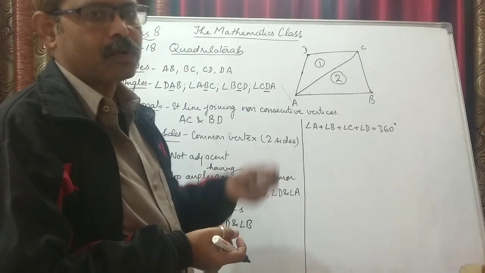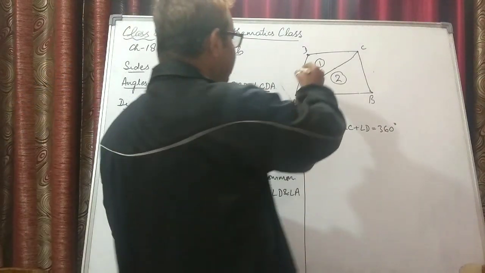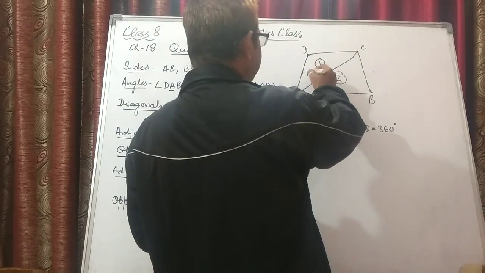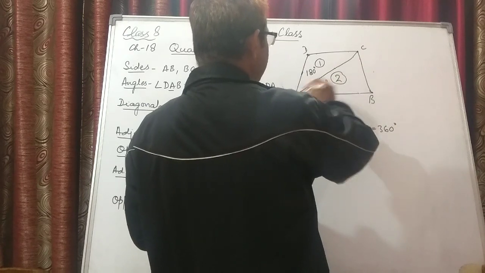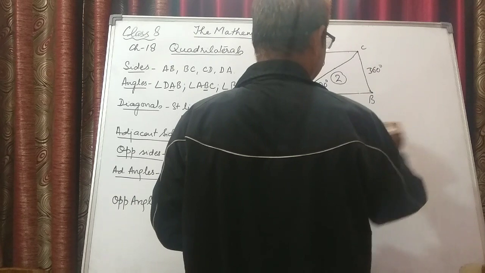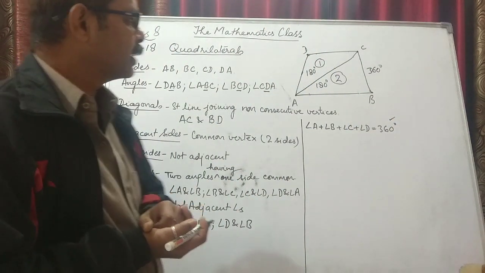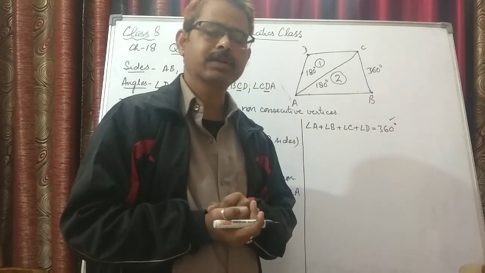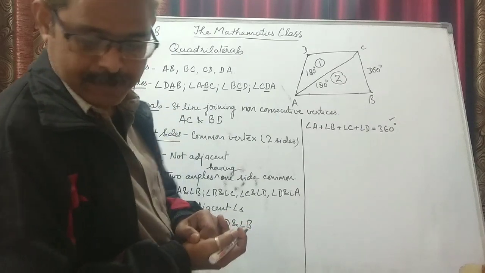Now we know that the sum of all the interior angles of a triangle is 180 degree. So 180 degree for this, and at the same time 180 degree for this. So this totals 360 degree, and that is your proof. So you always need to remember that the sum of all the angles of a quadrilateral is always 360 degree.